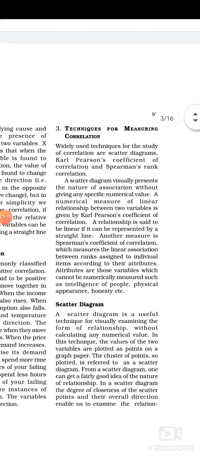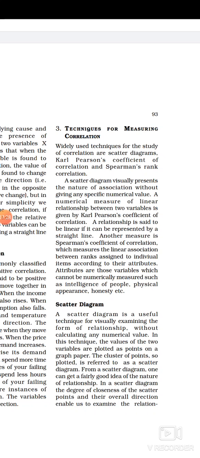Now learn about techniques for measuring correlation. Widely used techniques for a study of correlation are scatter diagrams, Karl Pearson's coefficient of correlation, and Spearman's rank correlation. A scatter diagram visually represents the nature of association without giving any specific numerical value.